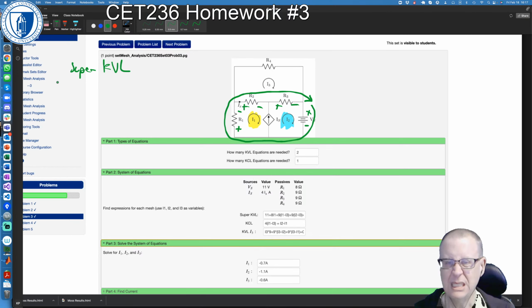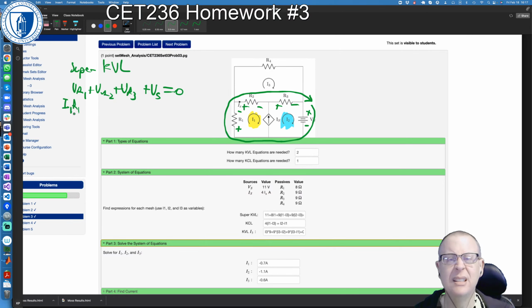So looking at that, we have VR1 plus VR2 plus VR3 plus VS equals 0. Okay? And we can rewrite that as I1 R1 plus R2 times I1 minus I3.